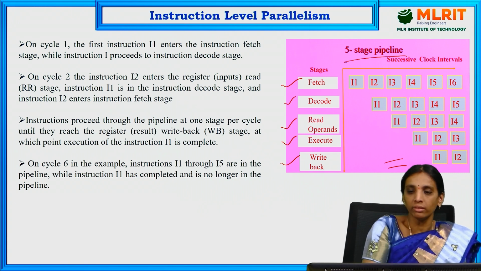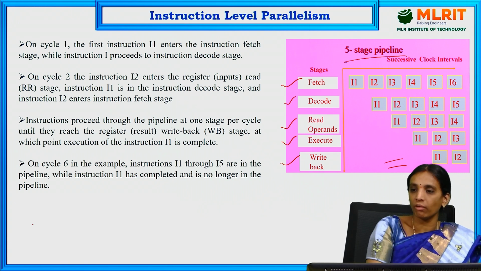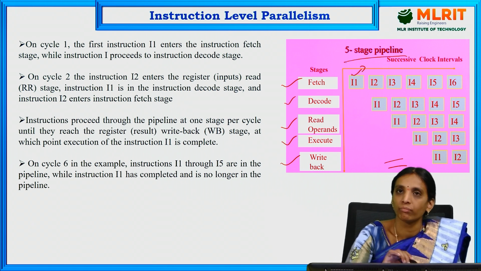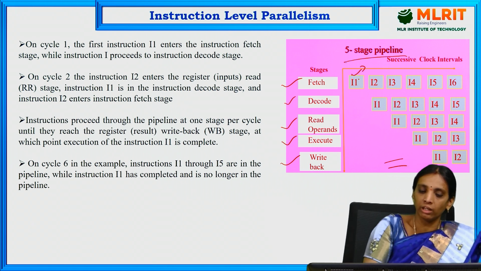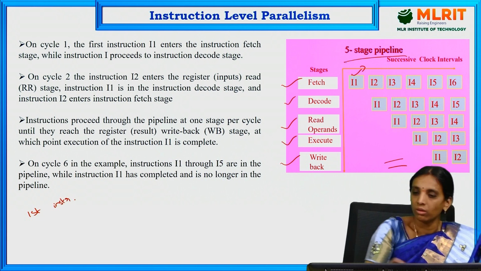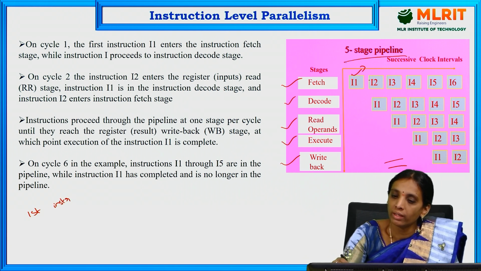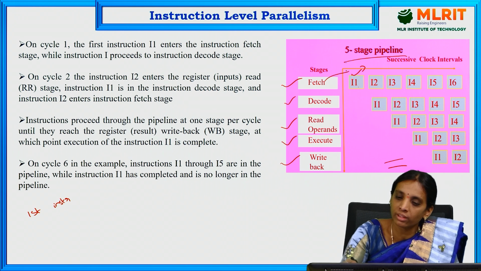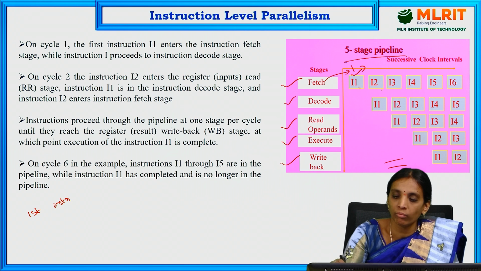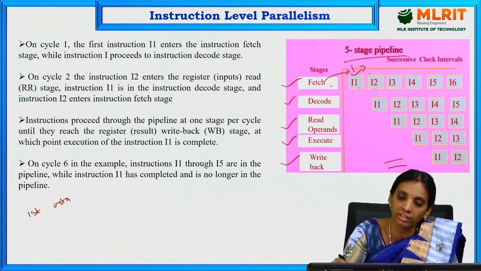So if there are a number of instructions, in the first clock interval the first instruction, which we call the 11th instruction, goes for fetching. After completion of the first clock interval, when entering the second clock interval, the fetching of the first instruction is completed.